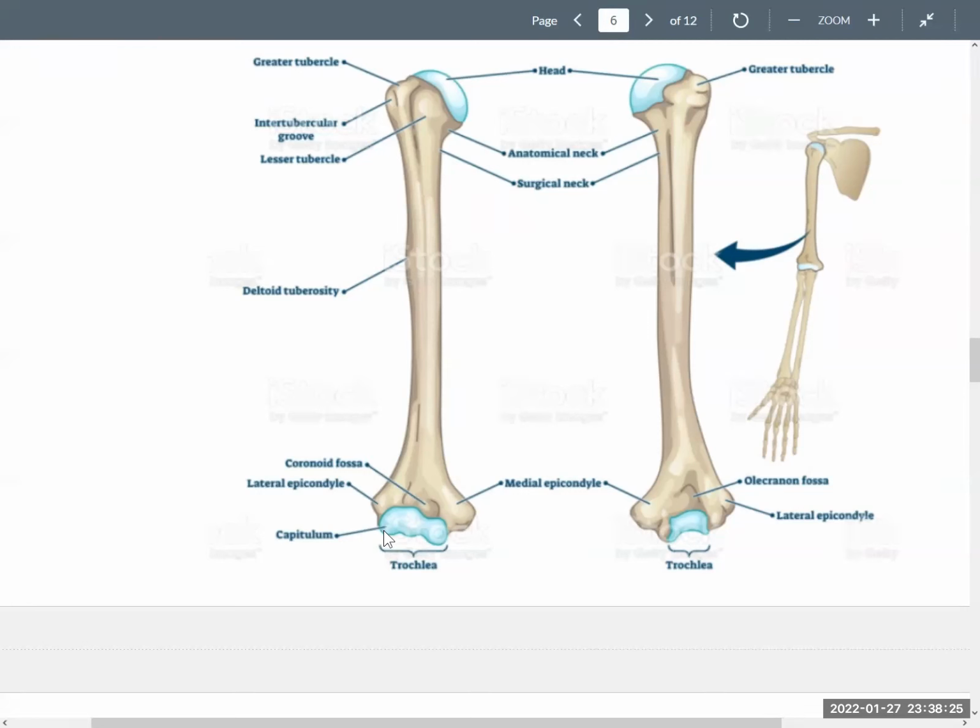The thumb is always on the lateral side. This structure they're showing here is the trochlea. Now, their drawing again overlaps. It almost makes you think that, which is that? The trochlea would end here.